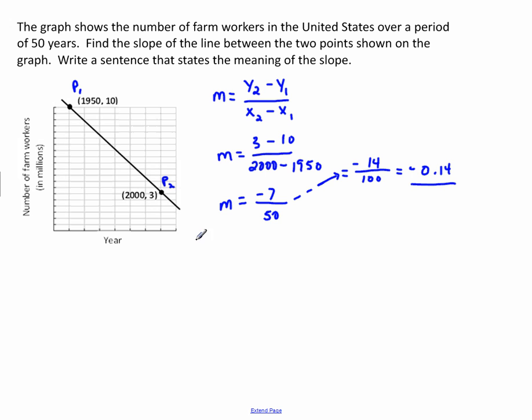Now the real question was to write a sentence to express the meaning of this slope, which is an interesting question. Let's see if we can get a decent answer. Let me put my span here, and what should we say? Think about how you might express that for a moment.